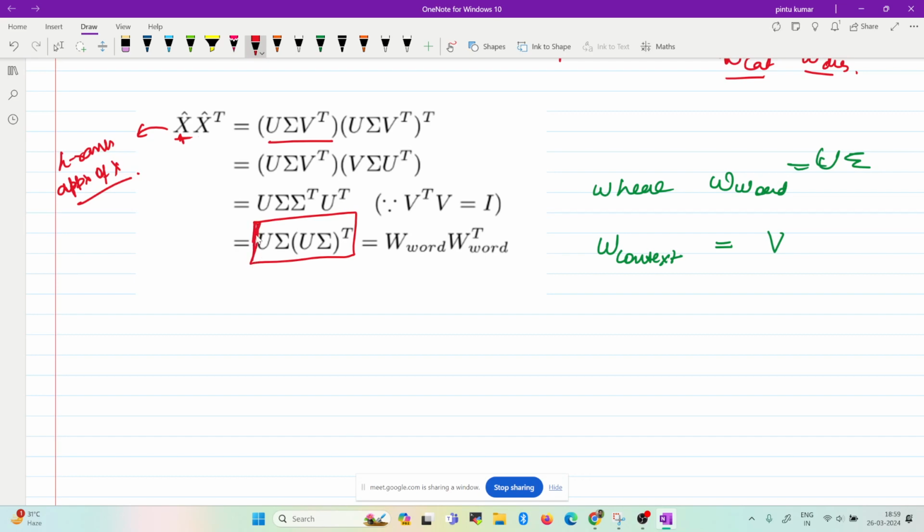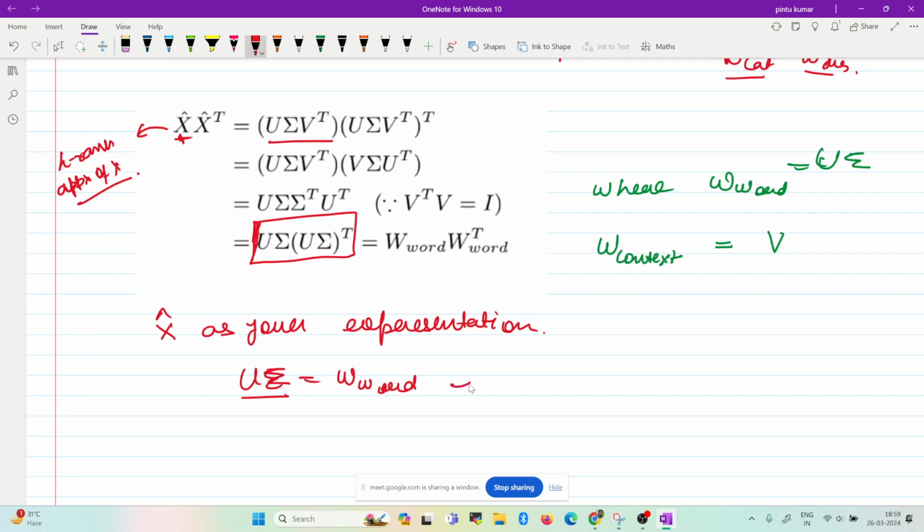So rather than choosing X hat as your representation, if you choose just U Sigma, let's represent this by W word, if you just use this much for your representation, then you also preserve the similarity between two vectors.